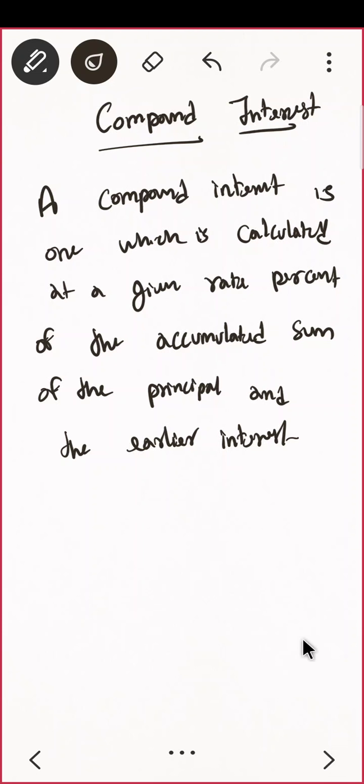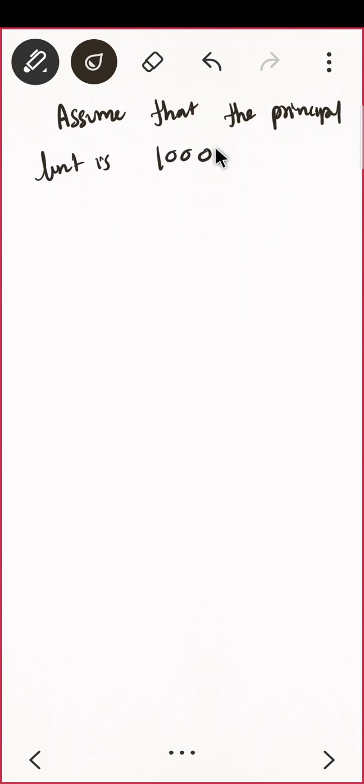Assume that the principal amount is 1,000 rupees. The rate of interest is 5% per annum, and the conversion period is 1 year.